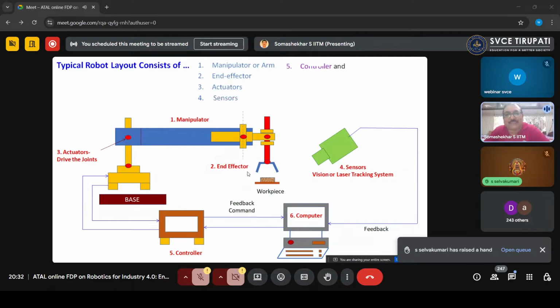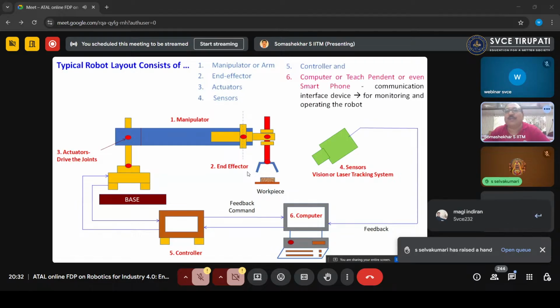Next, after sensors capture the information, internal status as well as the external environment, the sensor information comes to the controller to process it, and the correction is done through the actuators. Then a computer or teach pendant, or even a smartphone, is the communication interface for monitoring and operating the robot.